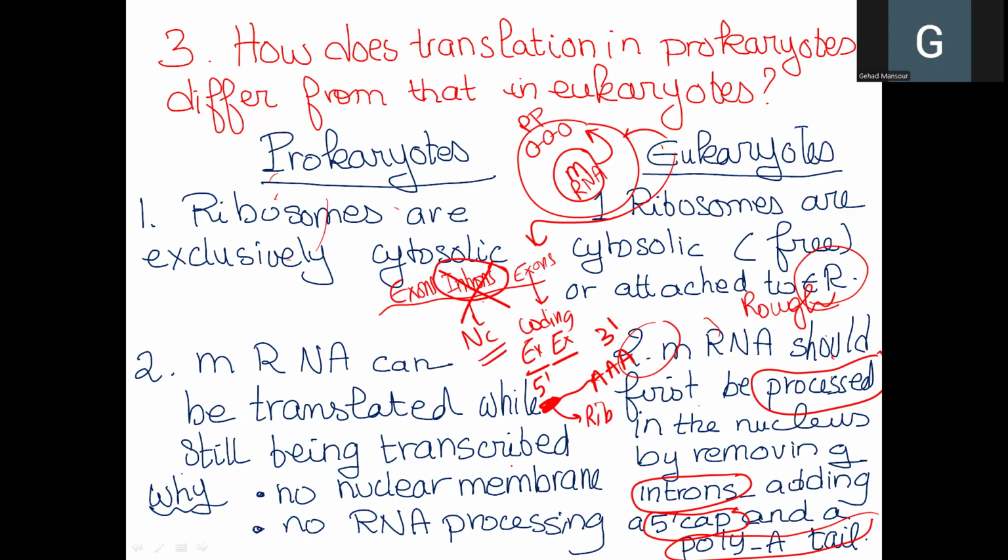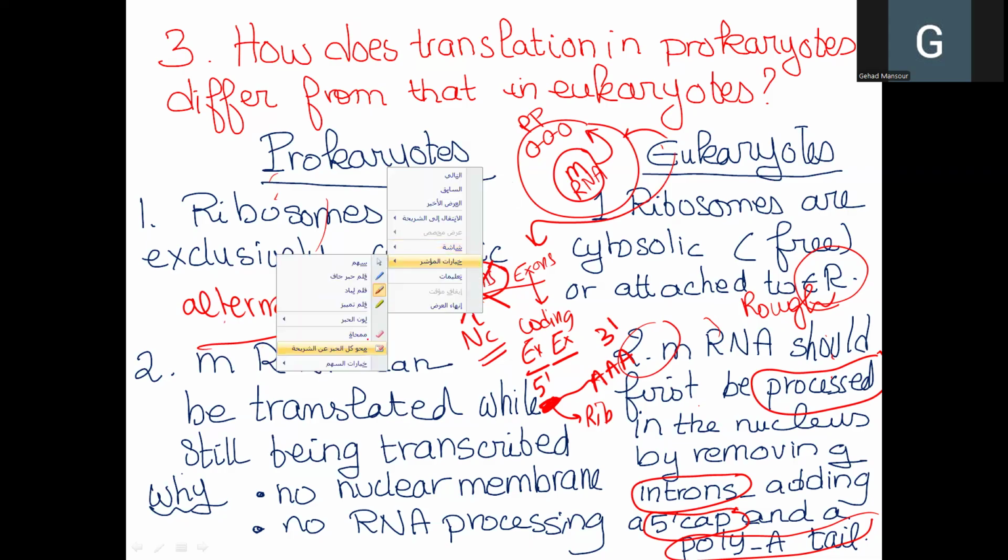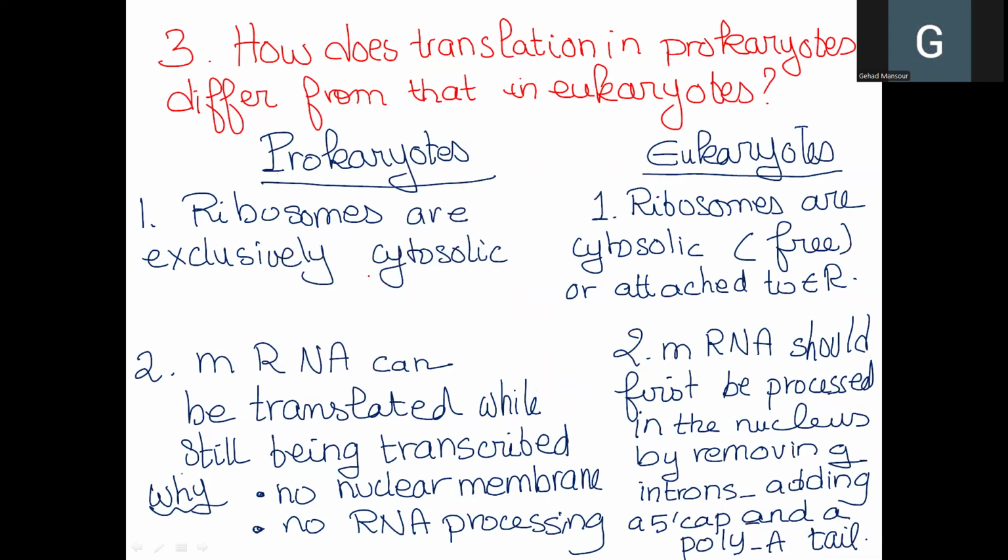All this processing, in addition, of course, to what we've discussed before of alternative splicing of messenger RNA at the end of the first presentation, is protective to the messenger RNA and occurs in the nucleus, so that in eukaryotes, at the time when messenger RNA is released from the nucleus to the cytosol, it will become mature RNA.